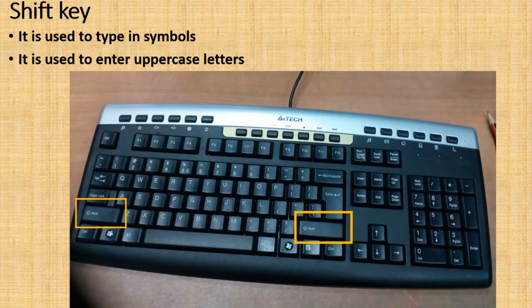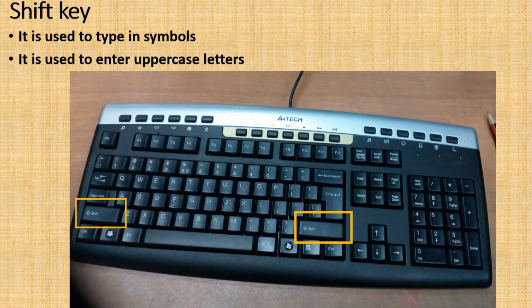Therefore, we have two keys which we can use to enter uppercase letters. I can use the caps lock key and I can use the shift key. But what is the difference?